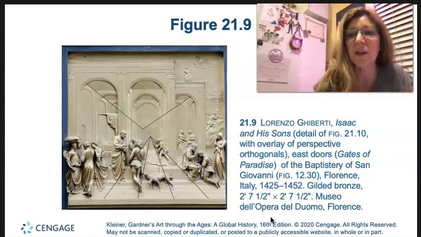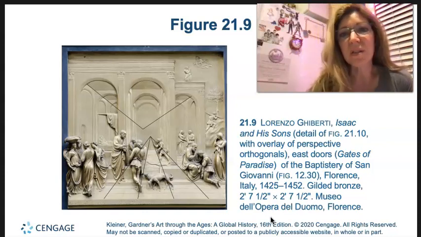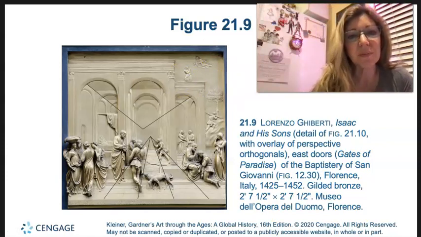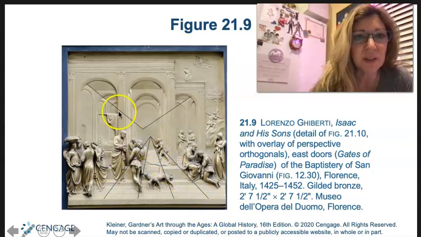The author of the Commentaries, Ghiberti is considered the first Renaissance art historian. That's pretty cool.